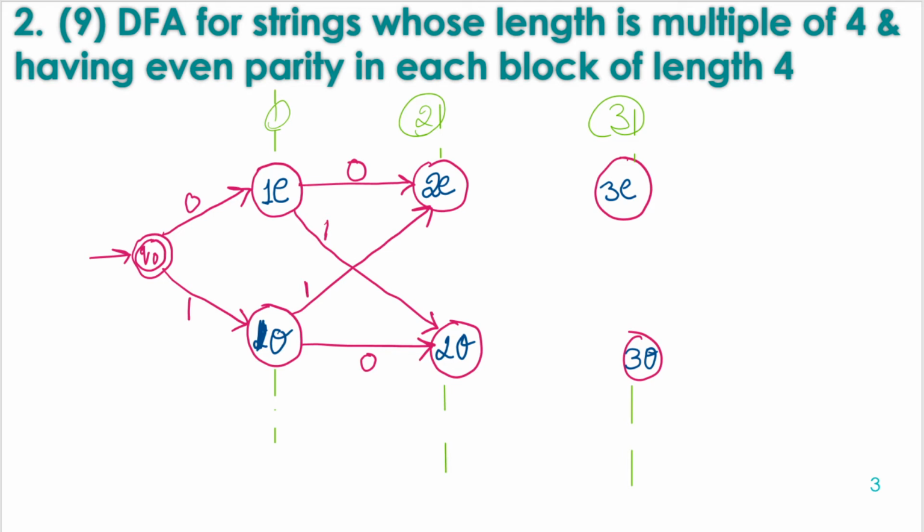On getting 0, the parity is still even but length is 3. On getting a 1, the parity changes to odd and the length is 3. Same way here, the parity is still odd for 0 and becomes even for a received 1. So we are moving to 3E. So up to length 3 symbols received, we have marked all the transitions.